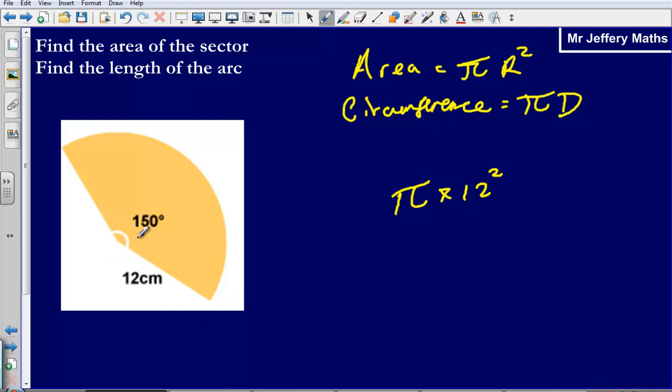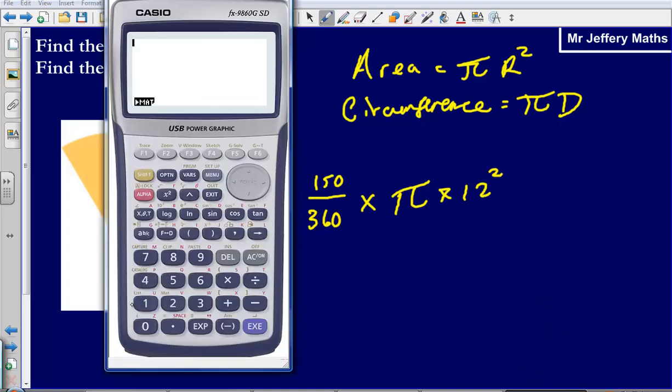Now we've only got 150 degrees out of 360 in total. So I'm just going to multiply 150 over 360 by what the area of the circle would be in total. So typing this into my calculator, I'm going to have 150 divided by 360, then multiplied by pi multiplied by 12 squared.